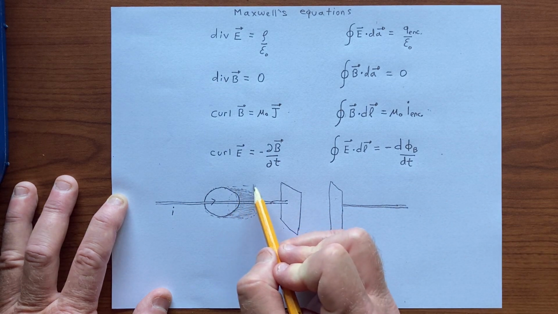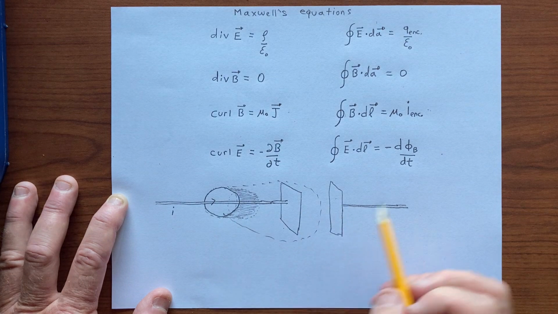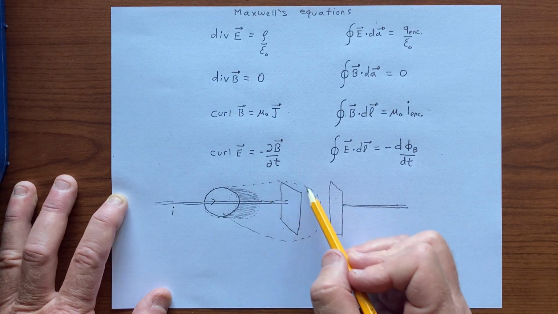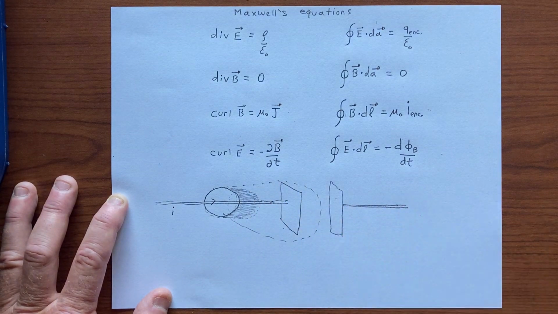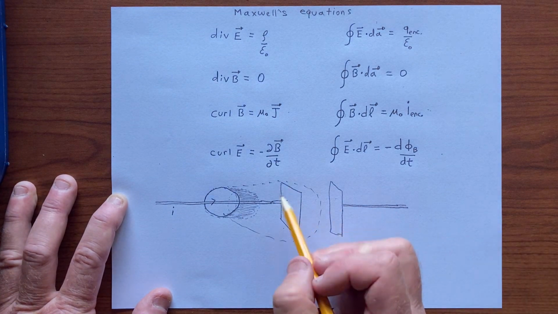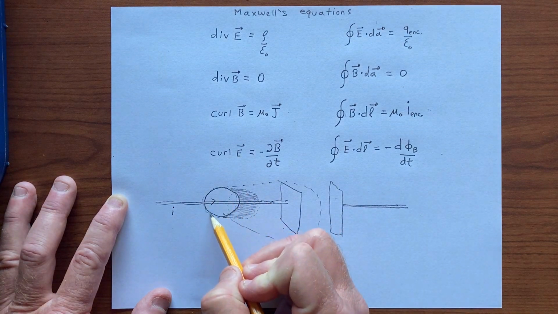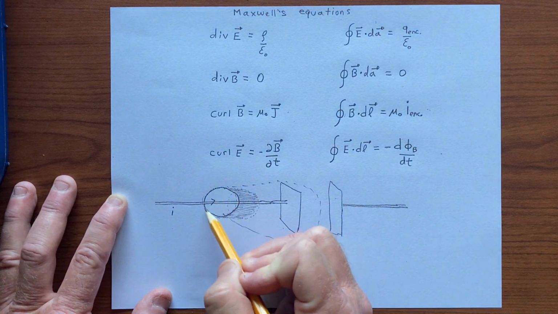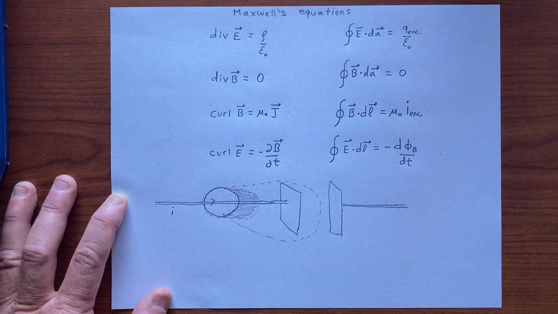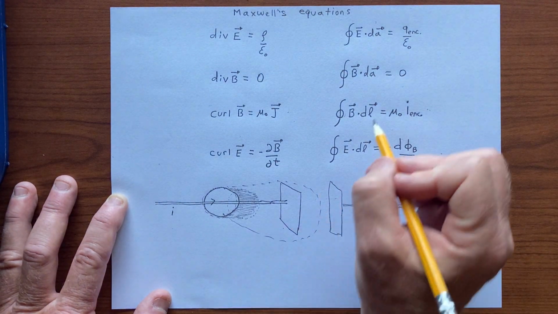Because if I consider the area that goes through here, then it looks like there's no current going through there. And so, in fact, there's an issue here. We should be able to evaluate this for any area that has this as the boundary. And it turns out that we have to generalize this equation.